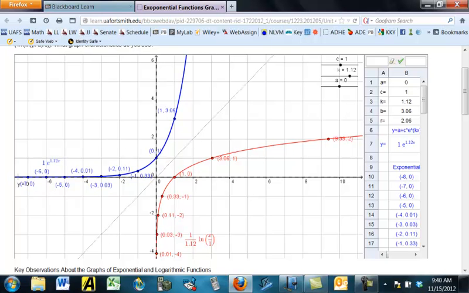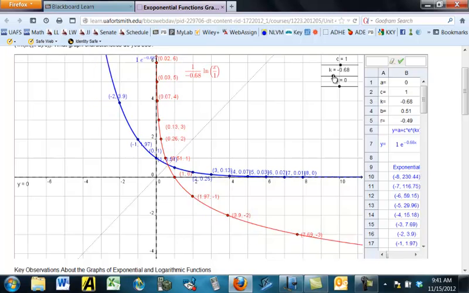When the k is positive, notice that you're above the asymptote here, and it has the asymptote on the left, and we're increasing concave up for the exponential. The logarithm now is increasing concave down, and it's to the right of its vertical asymptote.